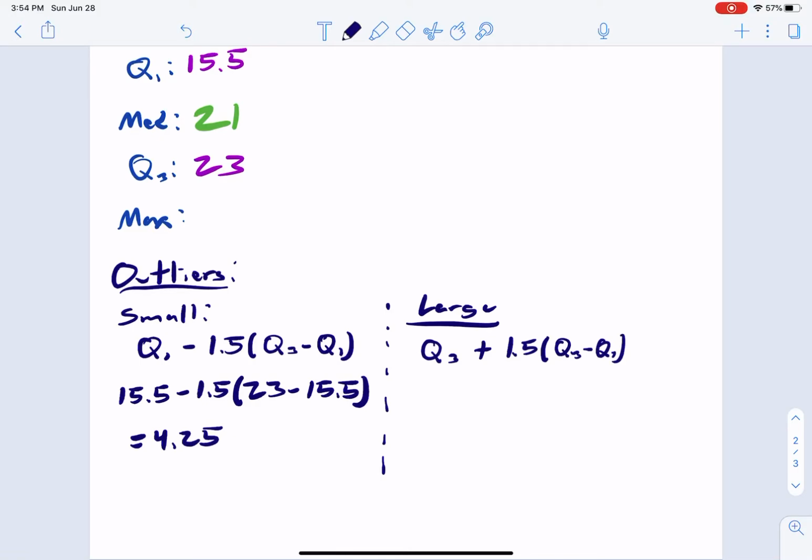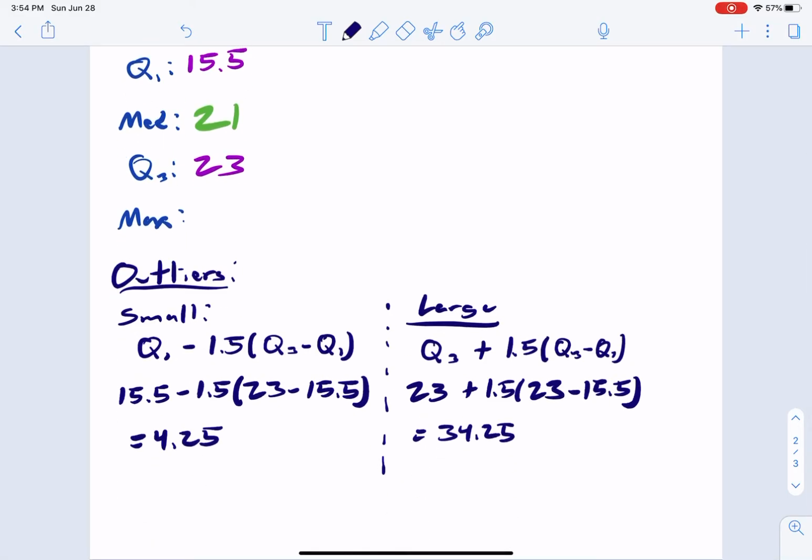Okay, so that's going to be 23 plus 1.5 times the same thing that we did earlier. Great. Okay. And then I'm just going to change this in my calculator to 23 plus, okay, and then that is 34.25. Okay, cool.